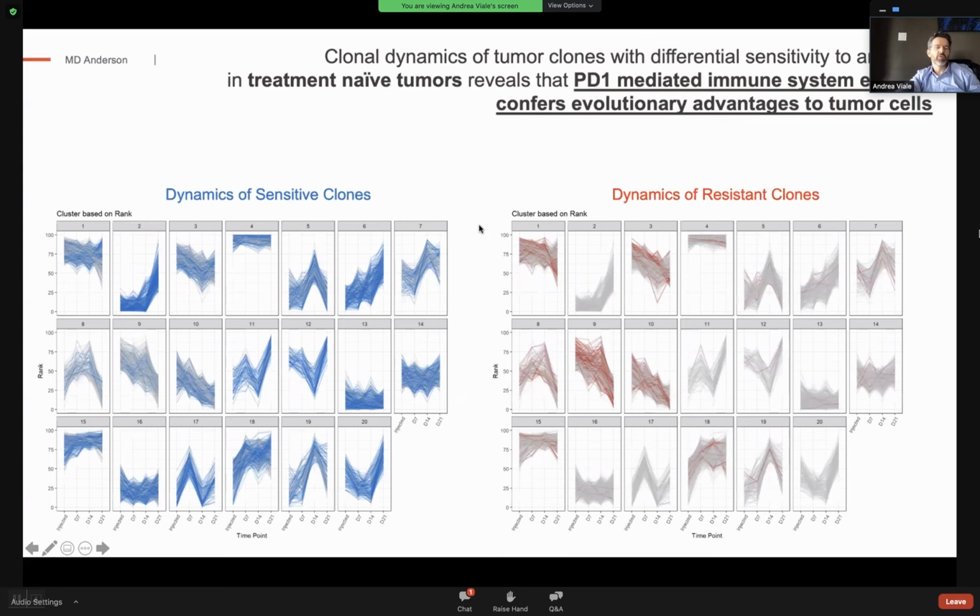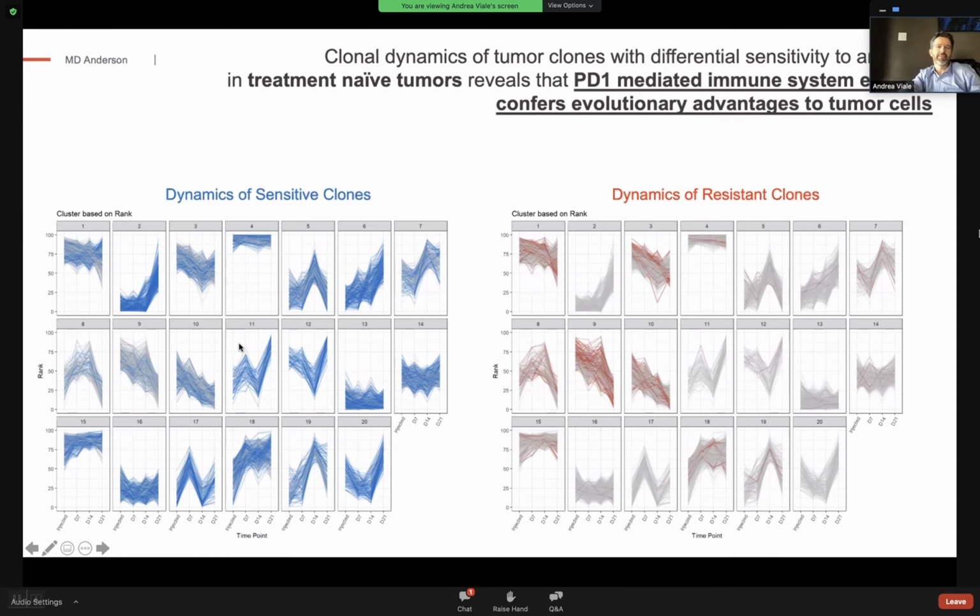But we got very interesting things when naturally we look at the clonal dynamics of different populations of cells with distinct response to the treatment. So again, here we are looking at treatment-naive tumors, okay? So we identify the clones that have different responses after the treatment, but then, I mean, obviously we are just looking back in the untreated tumors at how these clones behave.